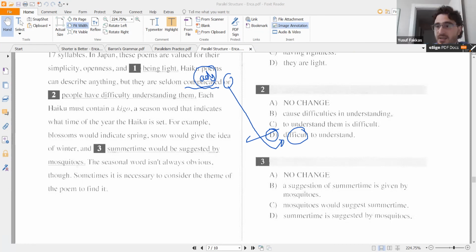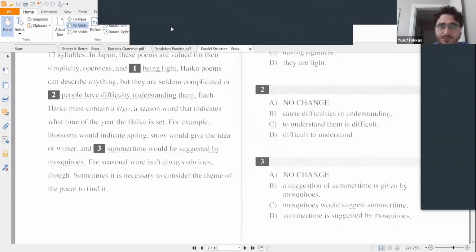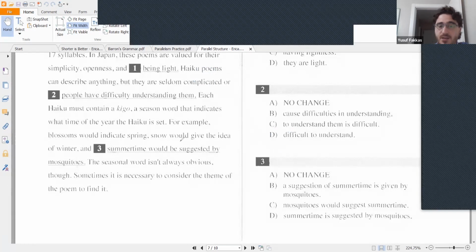Okay, now the last question goes to Sana. Sana, the last question, number 3. For example, blossoms would indicate spring. Snow would give the idea of winter, and summertime would be suggested by mosquitoes. So what should we choose, Sana, for this question?